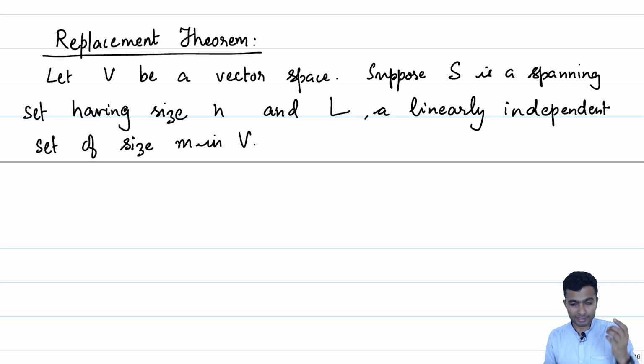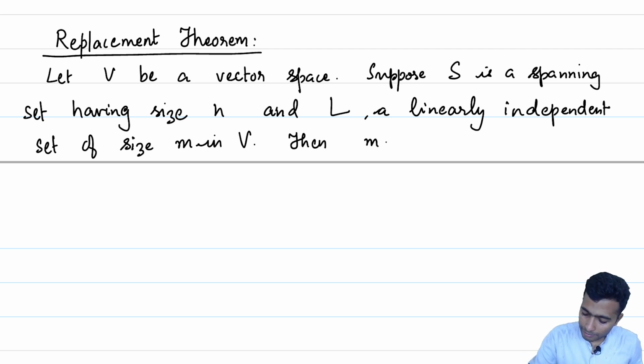S is a spanning set of V having n elements, L is a linearly independent set of size m in V. Then the conclusion tells us that m is less than or equal to n.